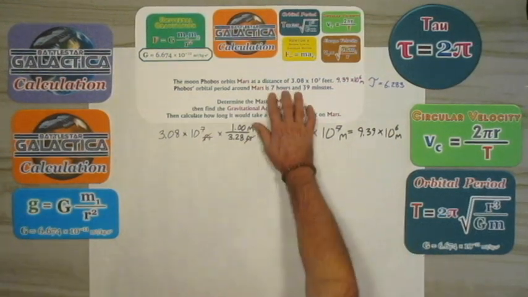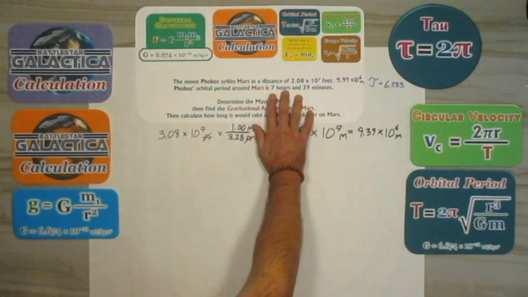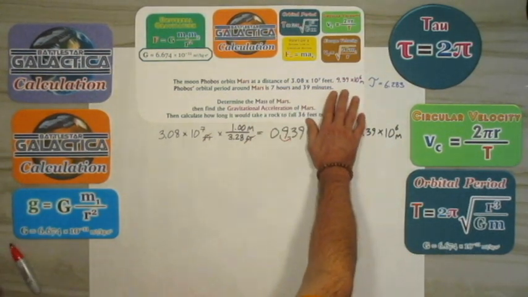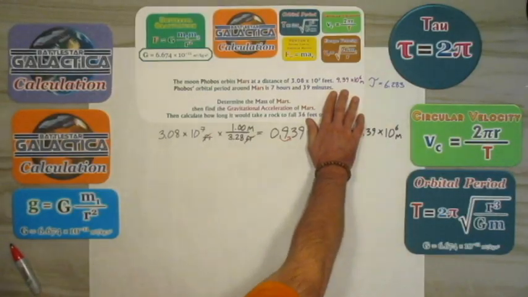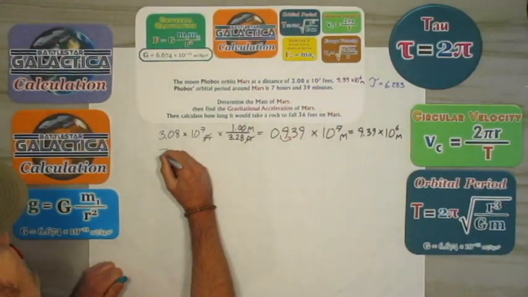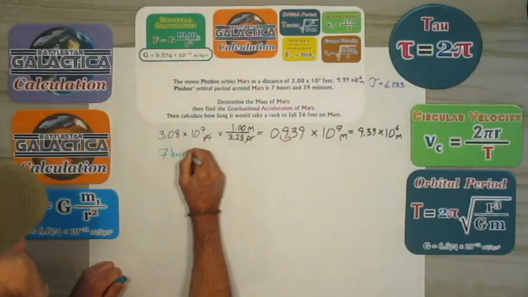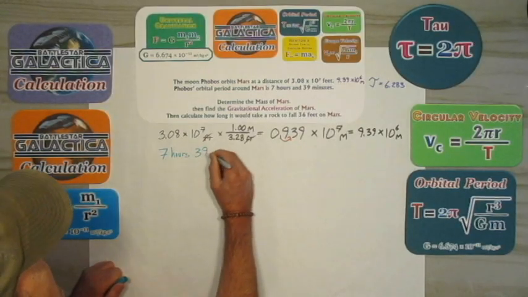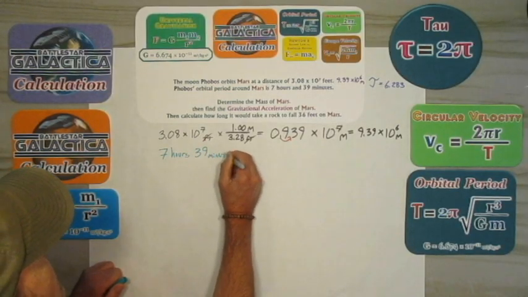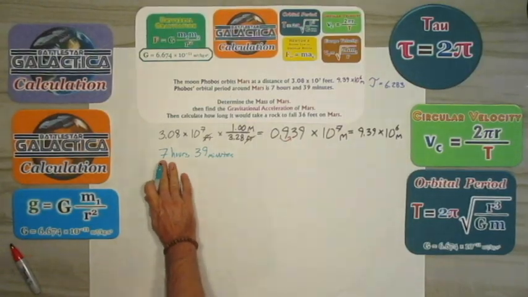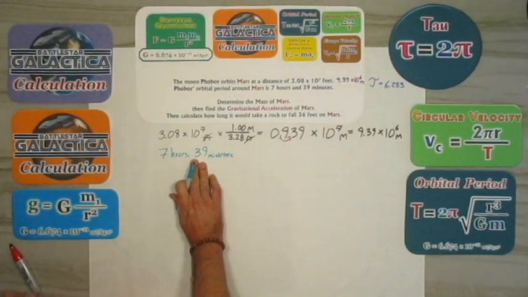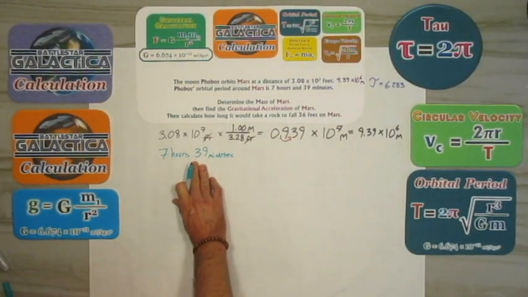Okay, so we're going to turn 7 hours, 39 minutes into seconds. Now, I'm going to write 7 hours, I'll just write the word, 39 minutes. Now, 7 hours, let's turn that into minutes and then add it to 39 to get the total minutes. That's the best way to do it.